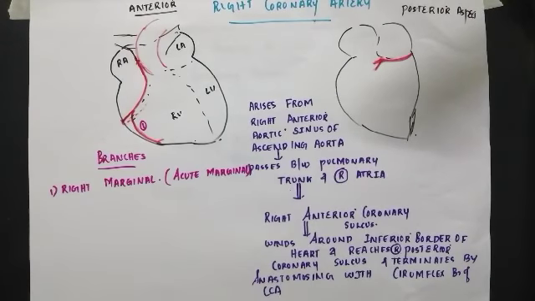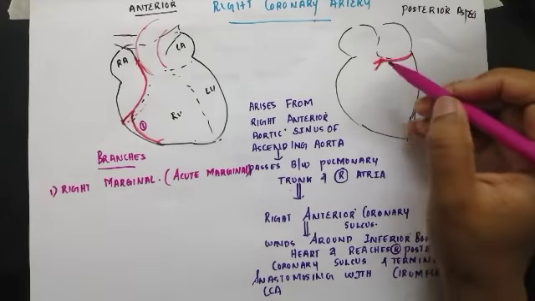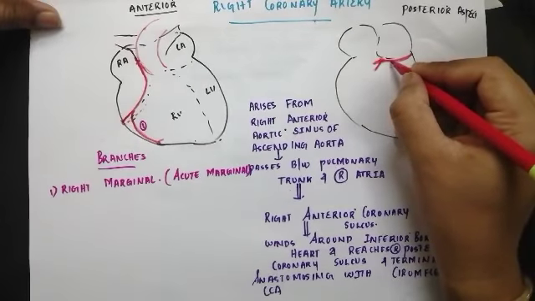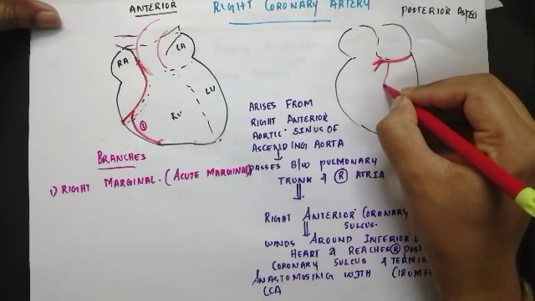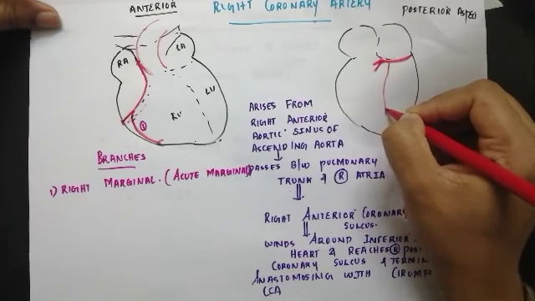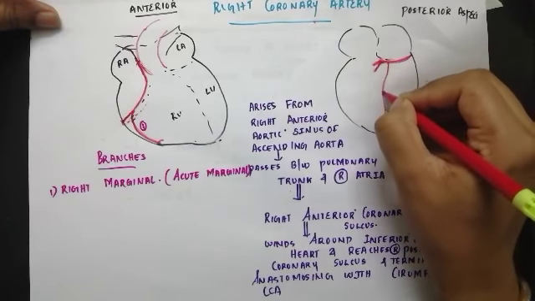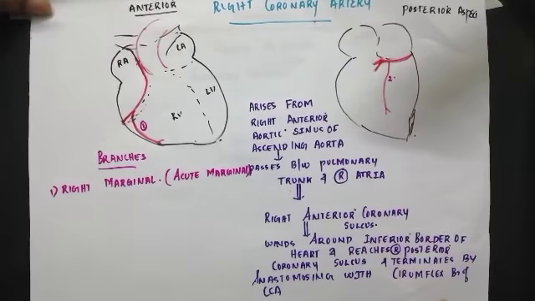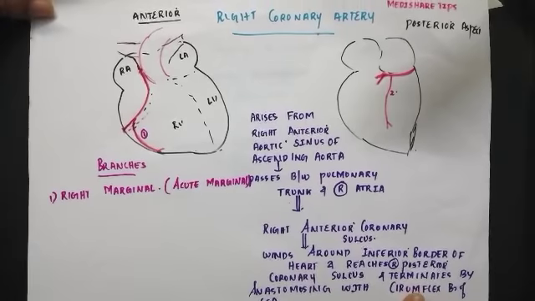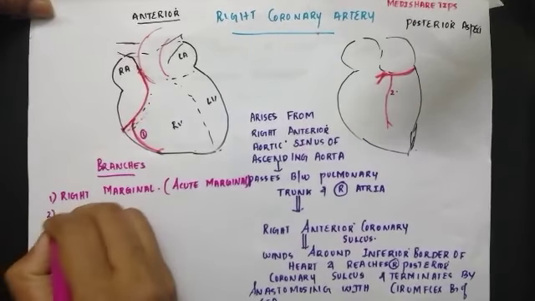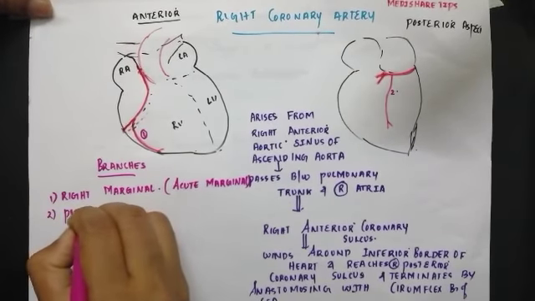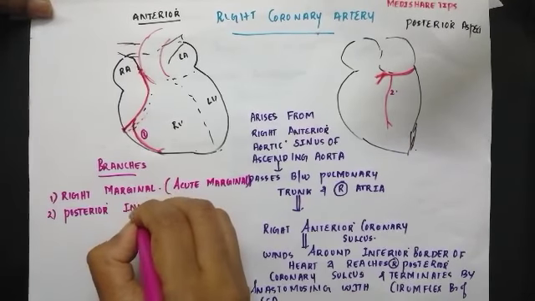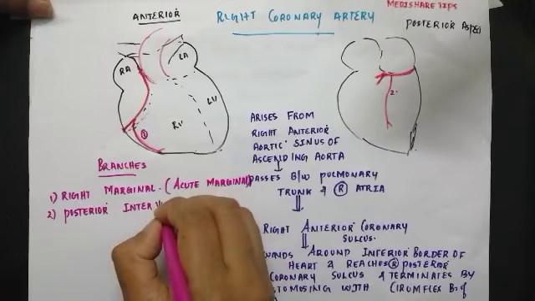The second main branch is given off in the posterior aspect. That branch is the posterior interventricular branch, labeled as 2.